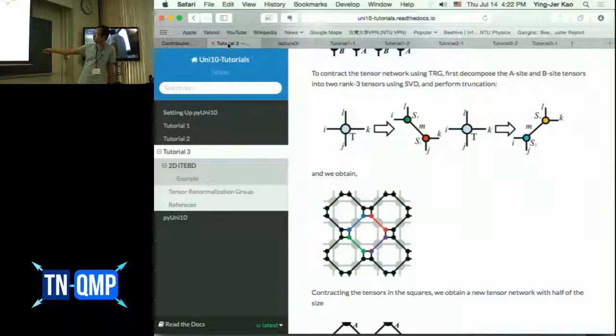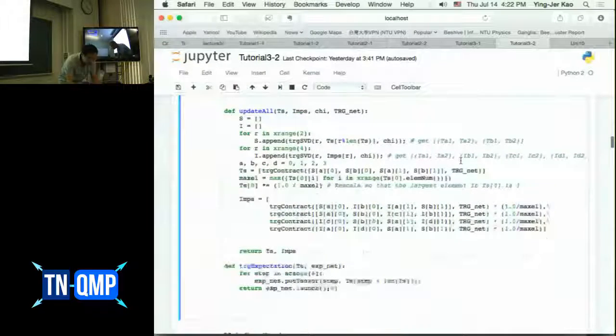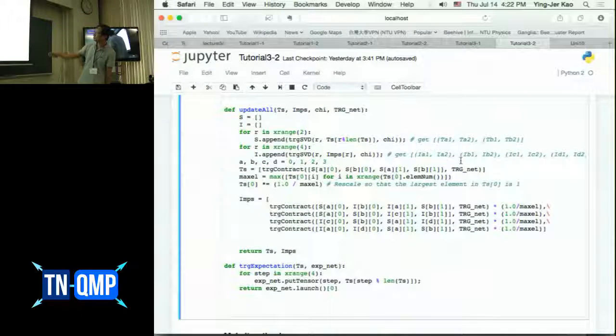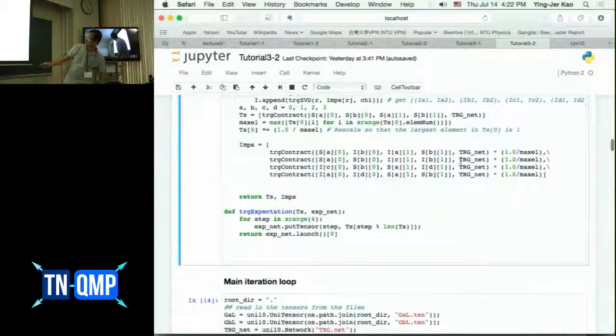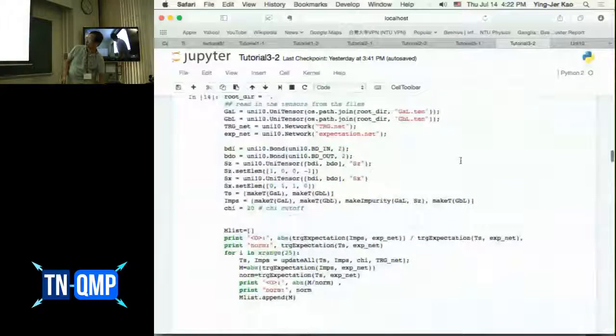One is the identity operator with some impurity tensors, another is also the identity operator with some impurity tensors. This gives you the renormalized impurity tensors, and this is the renormalized norm. Then we just calculate the expectation value. So this is the main loop.